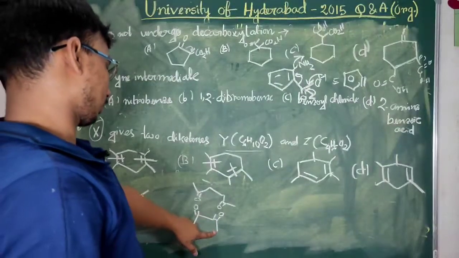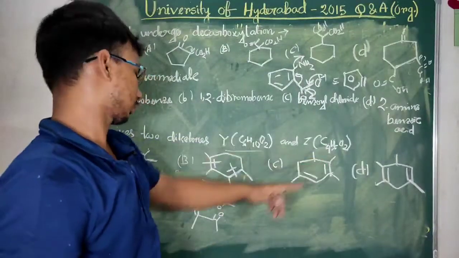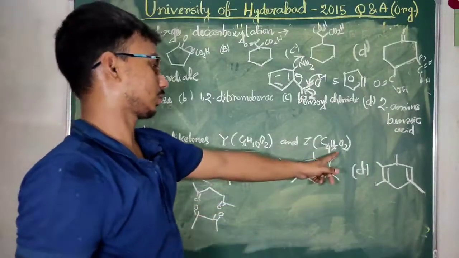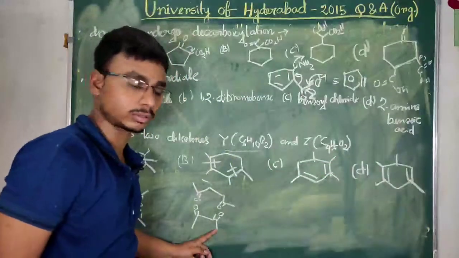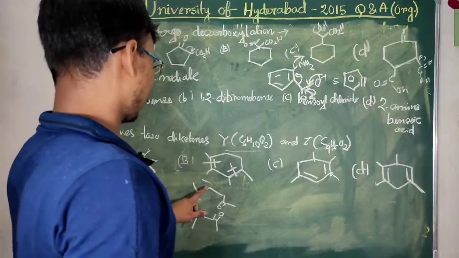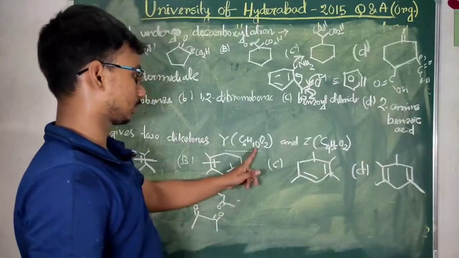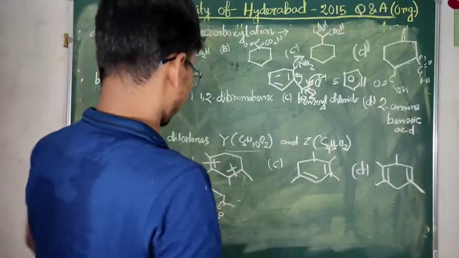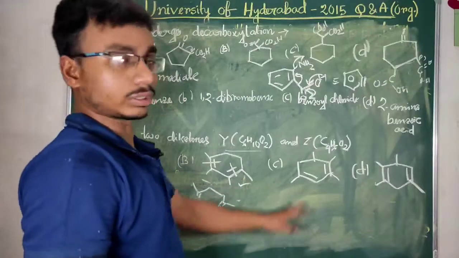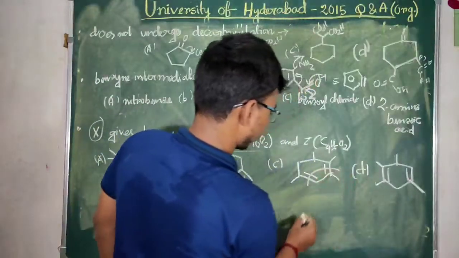One, two, three, four carbon, 3, 6 hydrogen, 2 oxygens, it matched. Okay, here 1, 2, 3, 4, 5, 6 carbon, 10 hydrogen, it is matched. Let's see for the next ones.